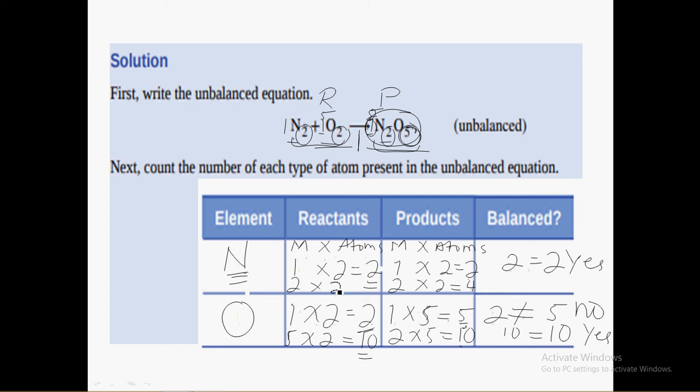So 2 times 2 is equal to 4. 4 is equal to 4. It's balanced again. Right. Our chemical equation is balanced overall.